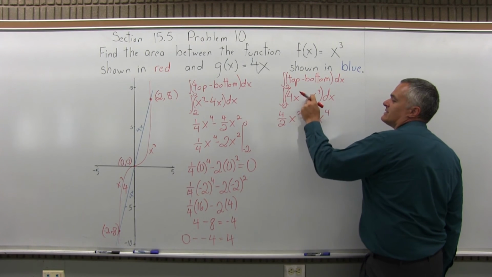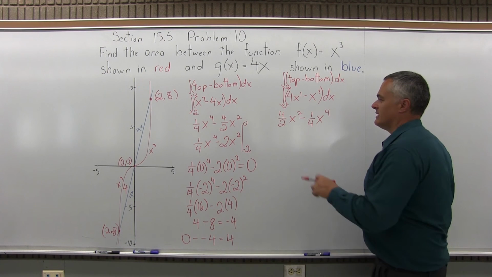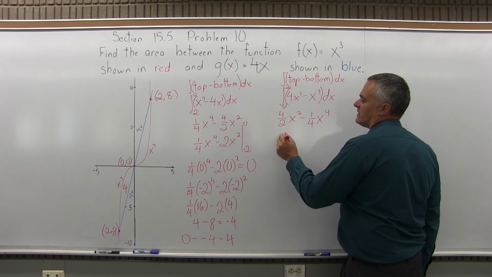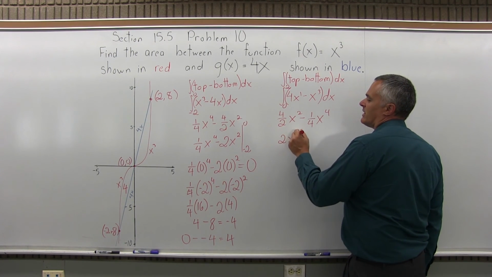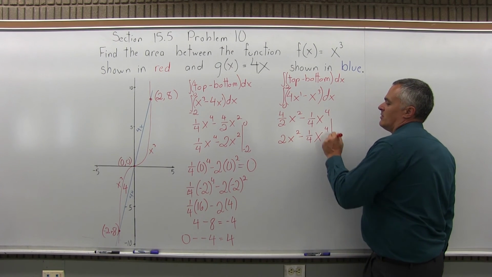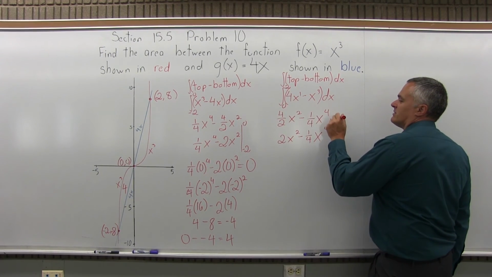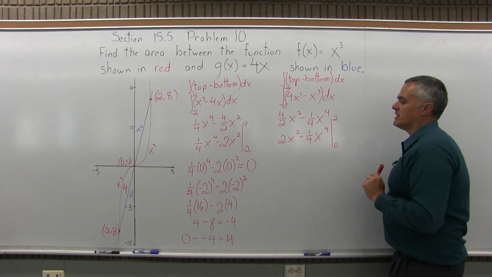Again, don't forget it's minus. There is a plus c. I don't need to write it because I know for sure it'll cancel. And I can simplify the 4 over 2x squared. Let me just put 2x squared minus 1/4 x to the fourth. Put my long vertical line after it. Put in my limits of integration, positive 2 for the upper limit, 0 for the lower limit.